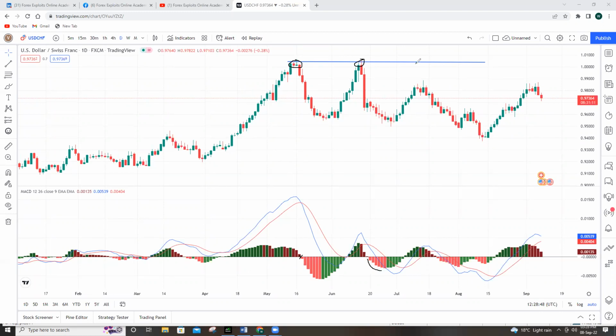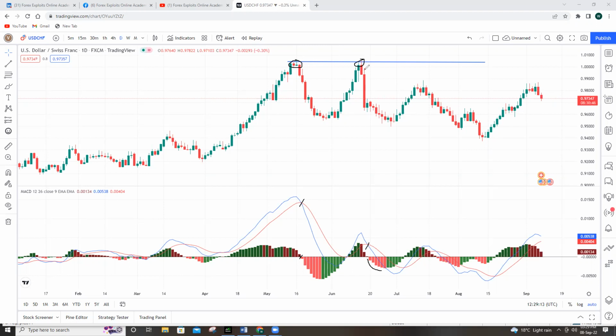Now what is important is, first you need to identify your point of interest. It can be either support and resistance, market structure points, or blocks, just like I explained then. After you've checked how your histogram and your MACD line crosses are happening, the next thing you want to pay attention to is the candlestick language.